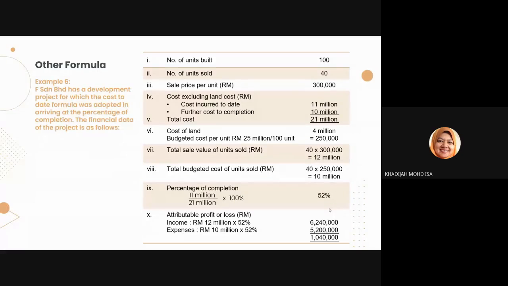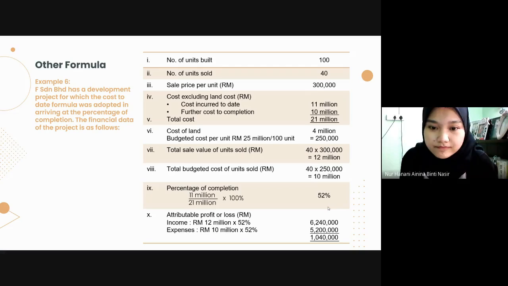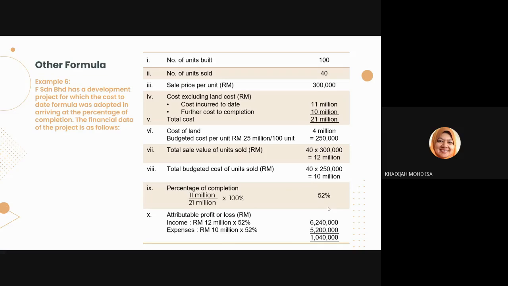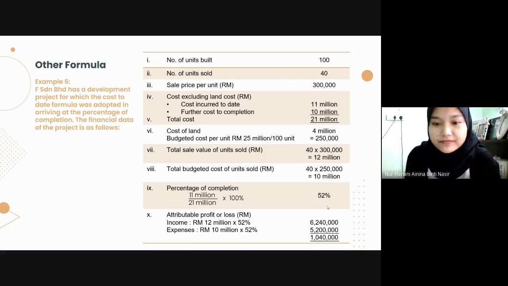So cost to date over total cost is only 52%. Based on that, you recognize profit for the year based on 52%.